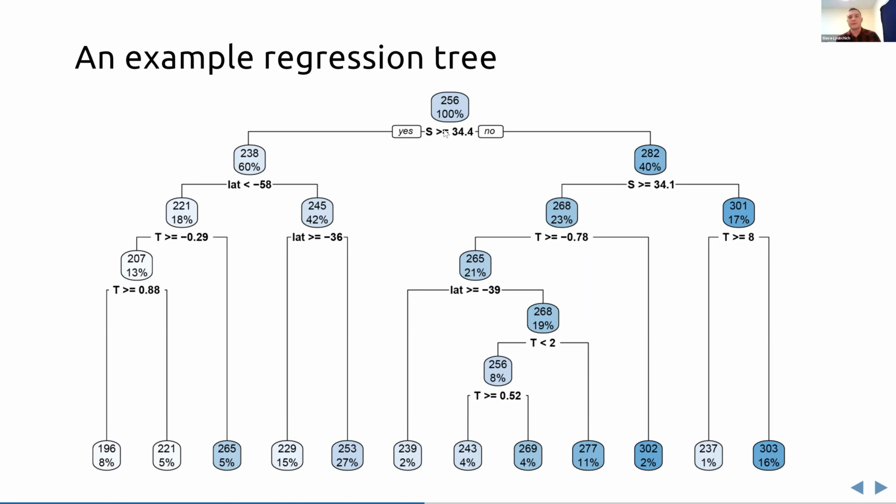For example, if salinity is below 34.4, we go here. If salinity is below 34.1, we go here. And if temperature is above 8 degrees Celsius, then we go to this terminal node of 237 micromole per kilogram, which corresponds roughly to 1% of the data. This could be a prediction of oxygen based on temperature and salinity.